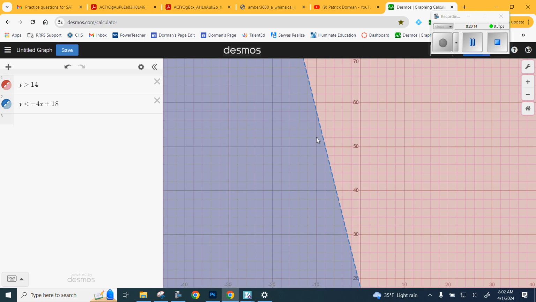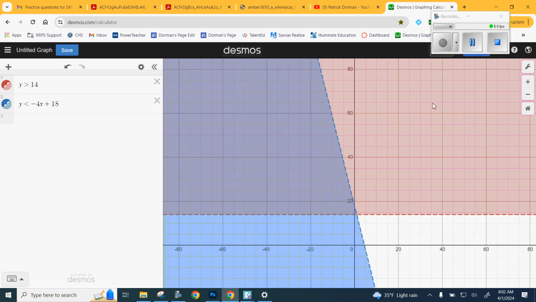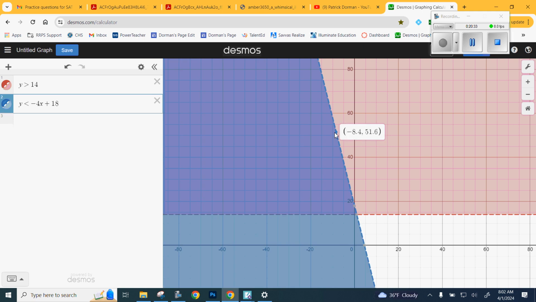So I think, let's zoom out more. So it appears that there is a value there at negative 953.